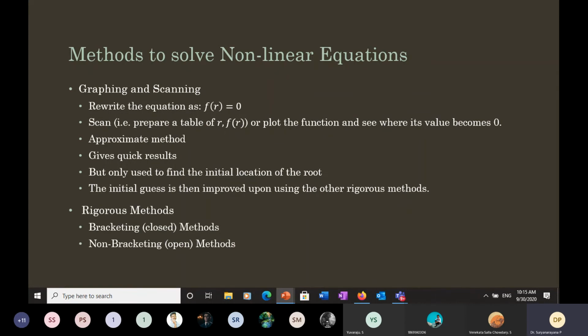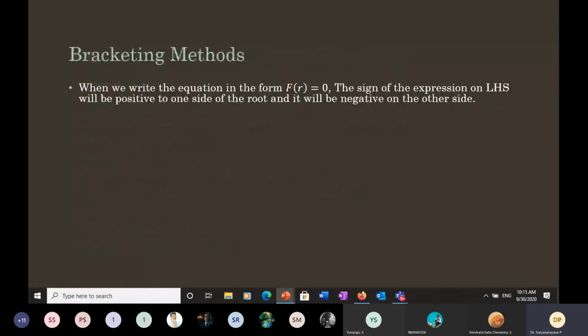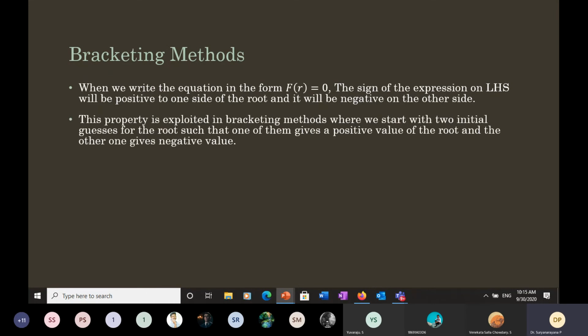But a more rigorous, more methodical way of solving the equations is, they can be categorized into two groups I mentioned, bracketing methods and non-bracketing methods. In bracketing methods, I think we had discussed, we have to write the equation again as function of the unknown equals 0, and then you have to find two initial values such that for one value this expression gives a negative number, and for the other value it gives a positive number.